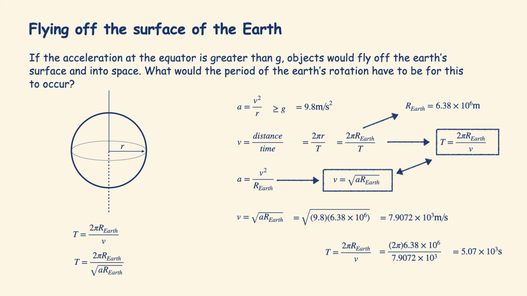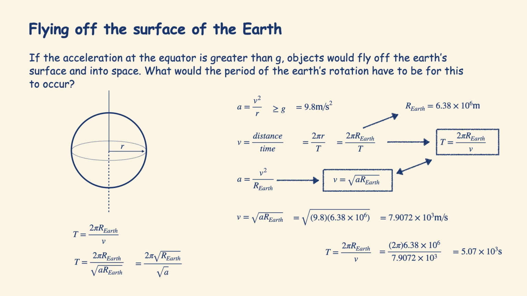Of course, noticing that the radius of the Earth appears both in the numerator and denominator, you can write this expression as 2 pi times the square root of the radius of the Earth divided by the centripetal acceleration.